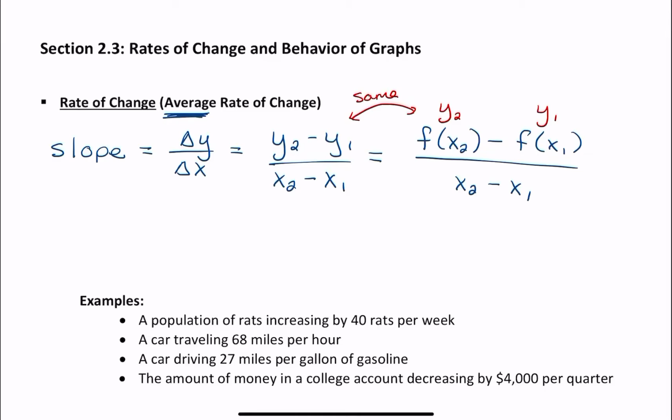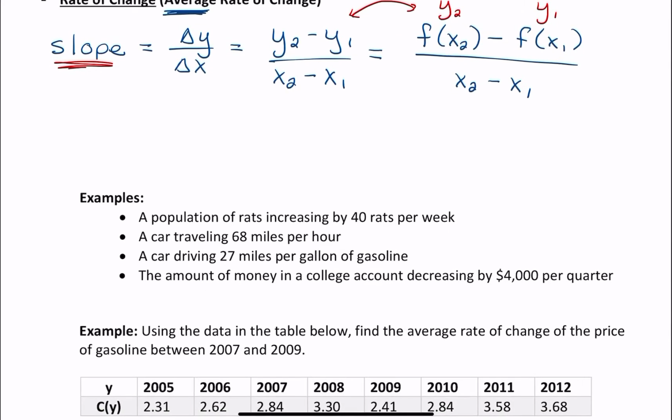What is different here is it's not going to say the word slope all the time. So be looking for keywords like rate of change, average rate of change. Examples of this would be a population of rats increasing by 40 rats per week. Ew, that's kind of nasty.